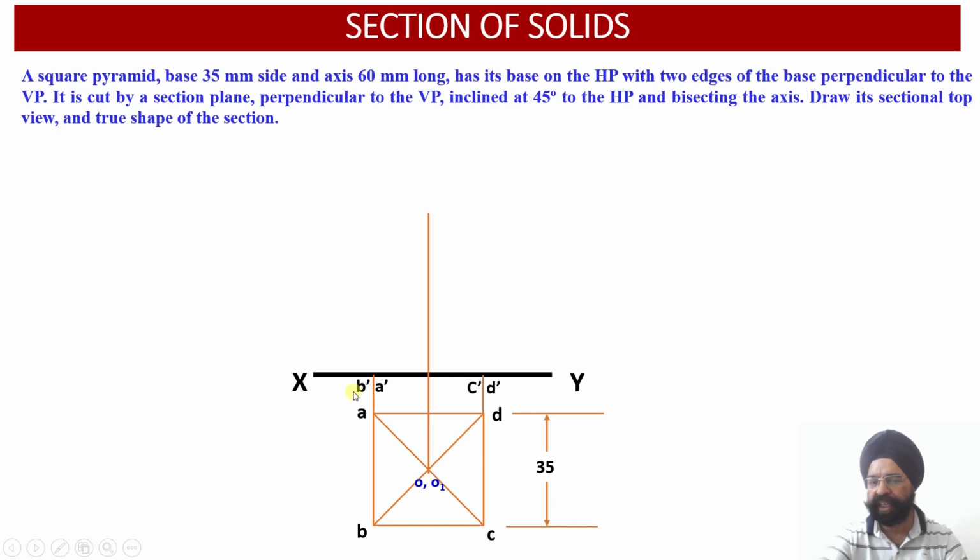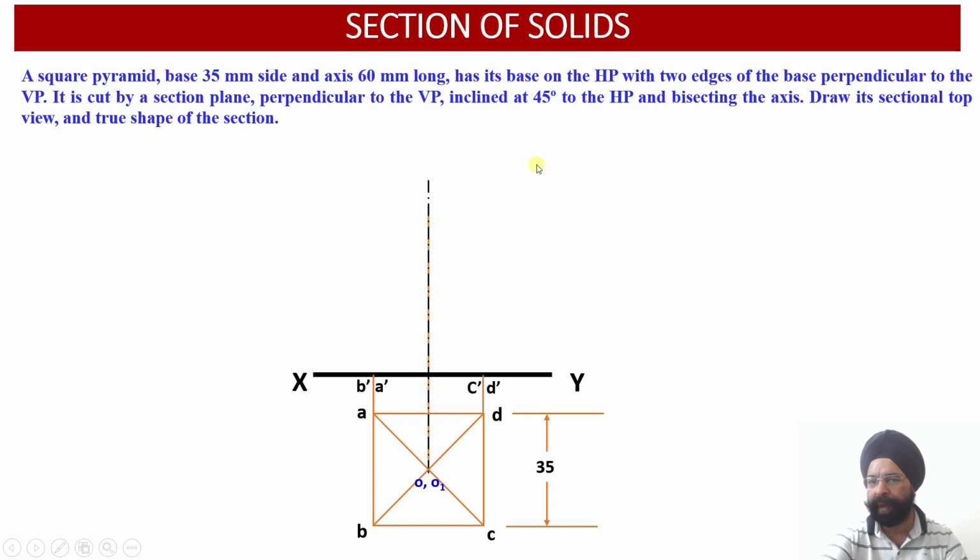So you get the projections B dash and A dash on the XY reference line. Similarly, the projectors through C and D intersect the vertical plane on the ground, at the points C dash and D dash. These four points of the base and the axis point O1 have been located. This is O1 dash at the base over here.